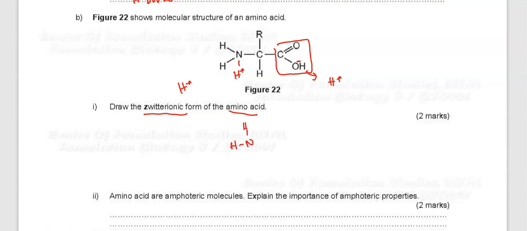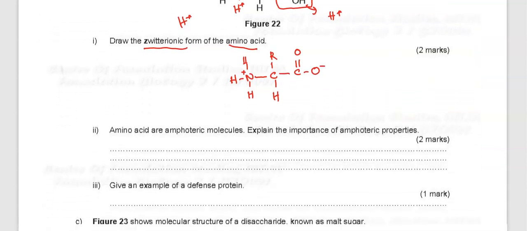The nitrogen will have 3 hydrogens and a plus sign, bonded to the carbon with the side chain and hydrogen, and the carbon bonded to the oxygen, and an oxygen that has a negative charge. So that is the zwitterionic form, where the amino acid has both positive and negative charge.